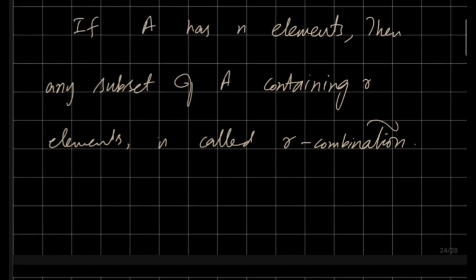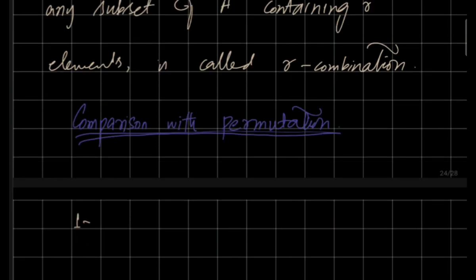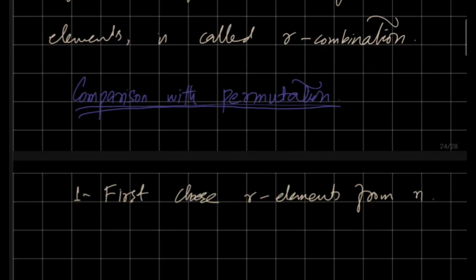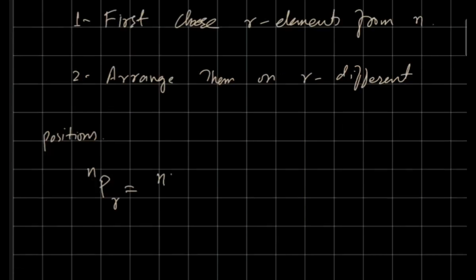Recall that in permutation, we have to do two tasks. Number one, first choose r elements from n and then arrange them on r different positions. So what was the formula? That is nPr, which is equal to n factorial over n minus r factorial.